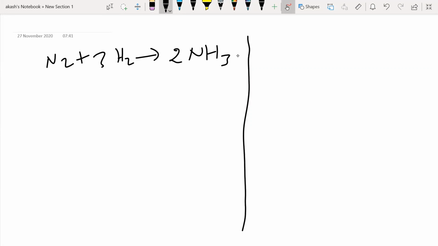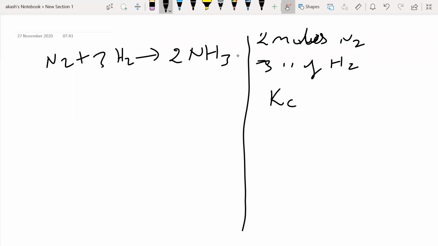Say the question is, initially they have given me 2 moles of N2, and 3 moles of H2, and the Kc value is given to be 3 into 10 to the power minus 3.